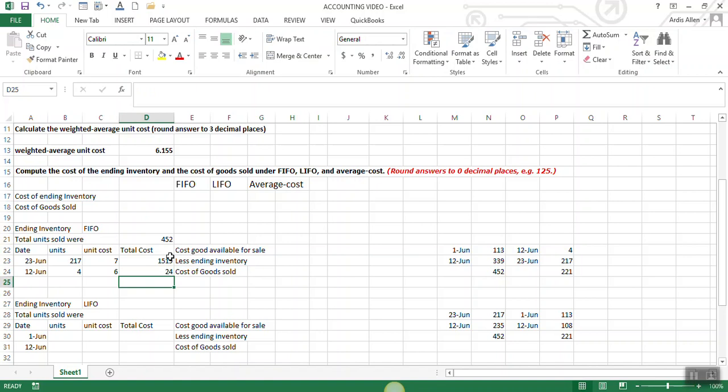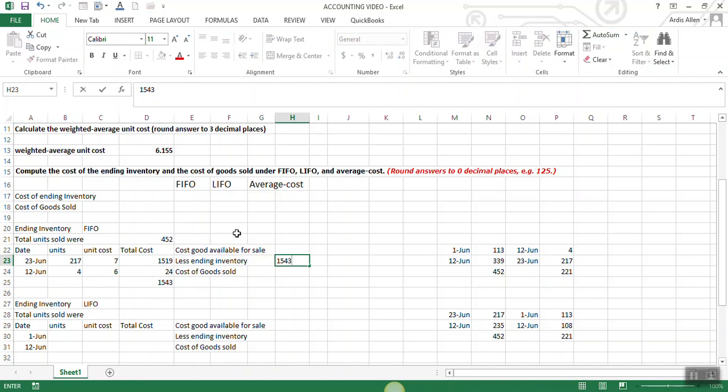The total of ending inventory cost would be $1,543.